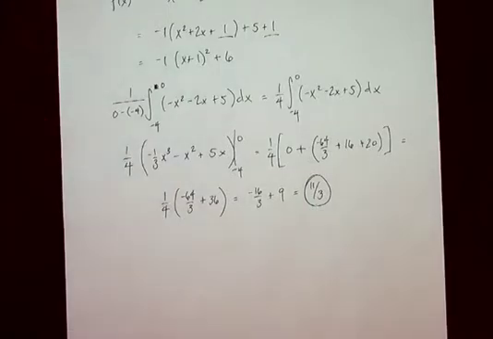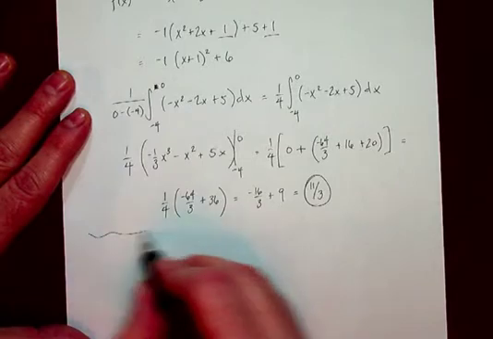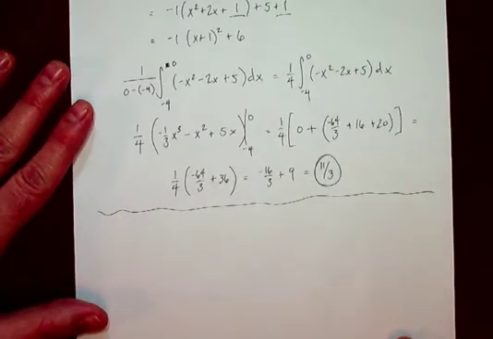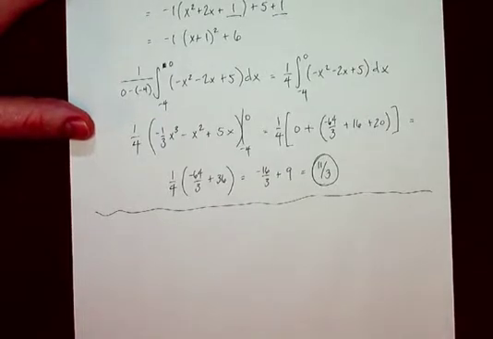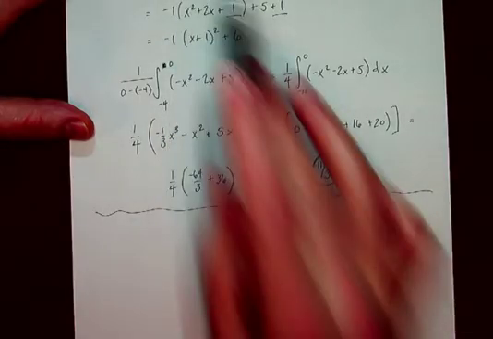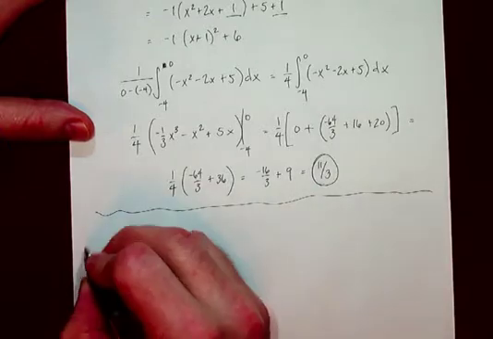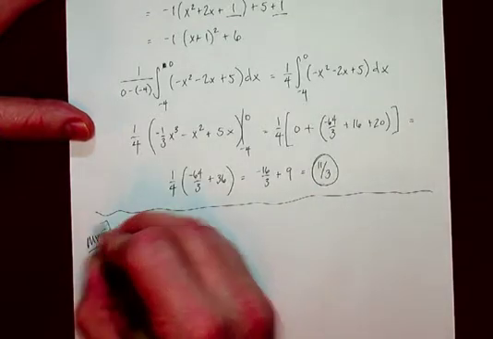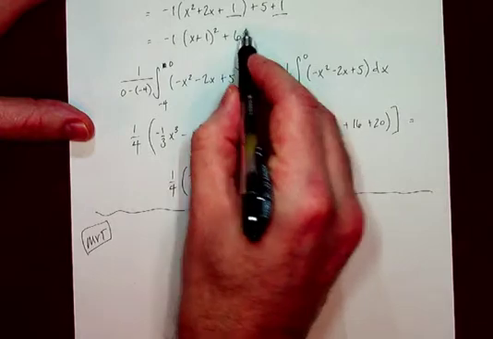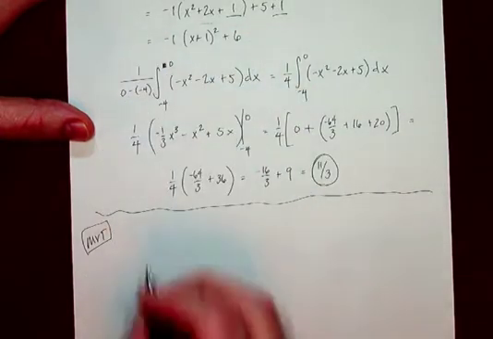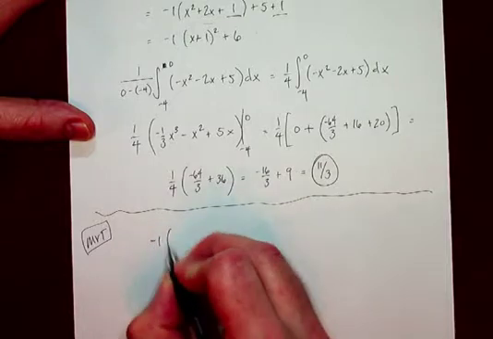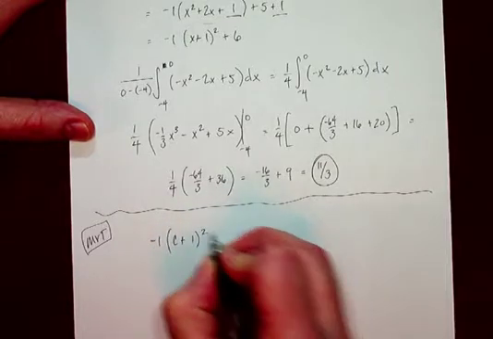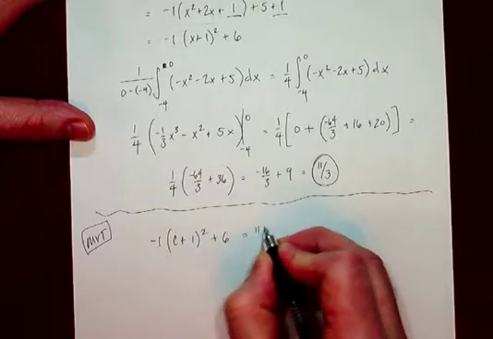Now, the question is, that would be our average function value, but if we wanted to apply the mean value theorem for integrals and ask ourselves where on the interval is that function equal to that average value, it's probably best to take the vertex form version of the function and say it's -1 times (c plus 1) squared plus 6 is equal to 11/3.